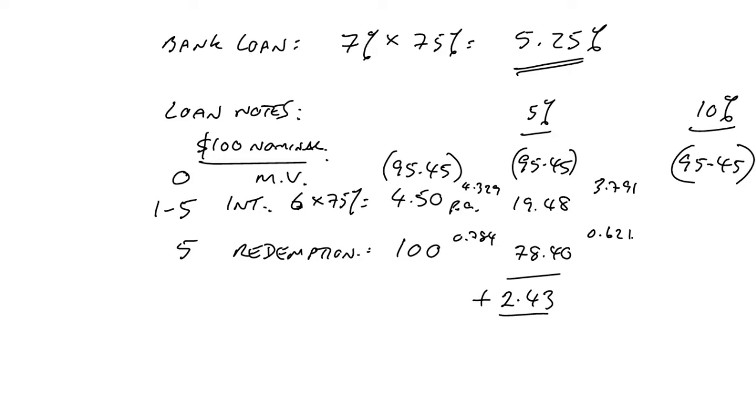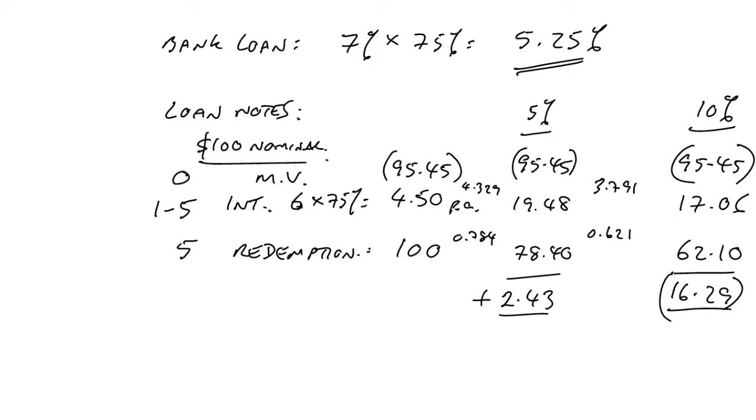So the present value of the interest, 4.50 times 3.791, is 17.06. The redemption, 100 times 0.621 is 62.1. And therefore, the net present value, 62.1 plus 17.06 minus 95.45 is 16.29 negative.